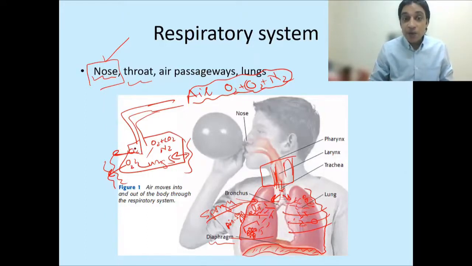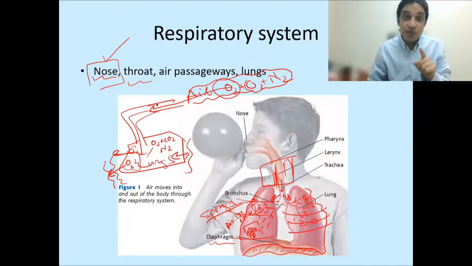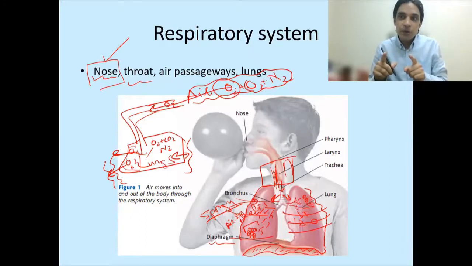So the partial pressure of oxygen is decreased within the lungs. That is why, when the gases run into the lungs, the major part of those gases is oxygen, because the difference of partial pressure exists only in the case of oxygen. So that is why we inhale oxygen.